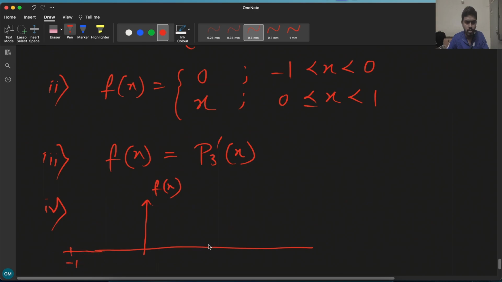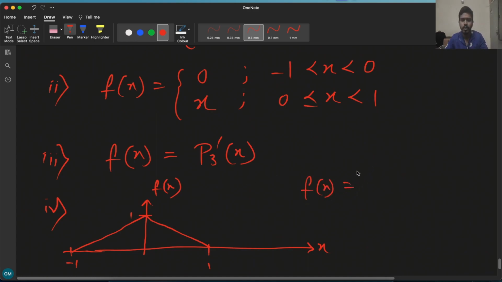Okay, and number 4 is when f(x) looks like this. It's -1 to 1, this is the x-axis, and this is 1. As a hint for this, I will write the function.